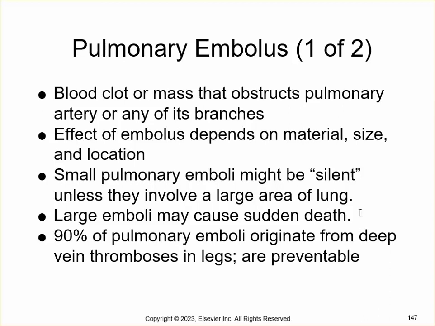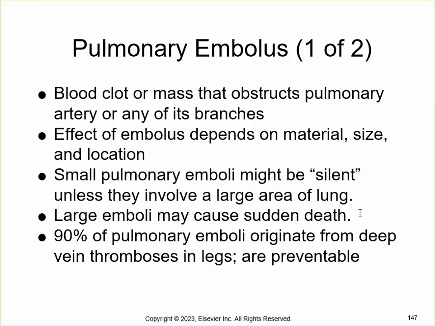If that clot breaks free, it will move along the venous side of circulation with every vein getting larger. So little small venules join together to make a bigger vein, and small veins join together to make medium-sized veins, and then they come together to make large veins, which eventually end up in the vena cava, and they go through the right side of the heart, and then they exit via the pulmonary artery.